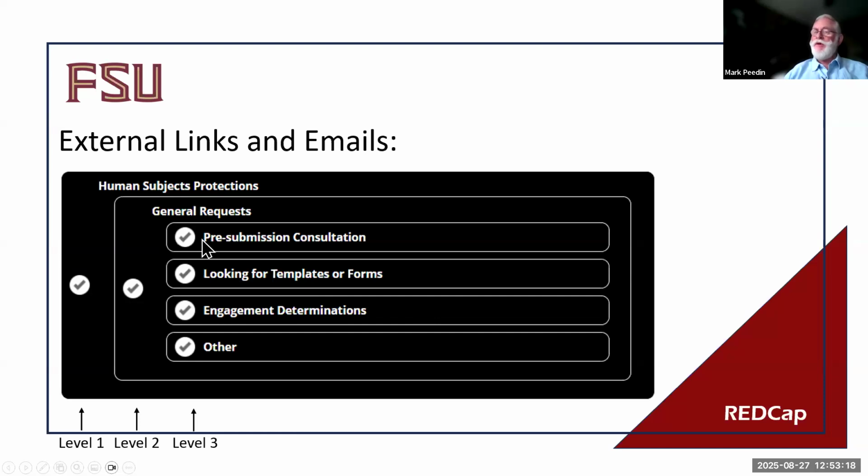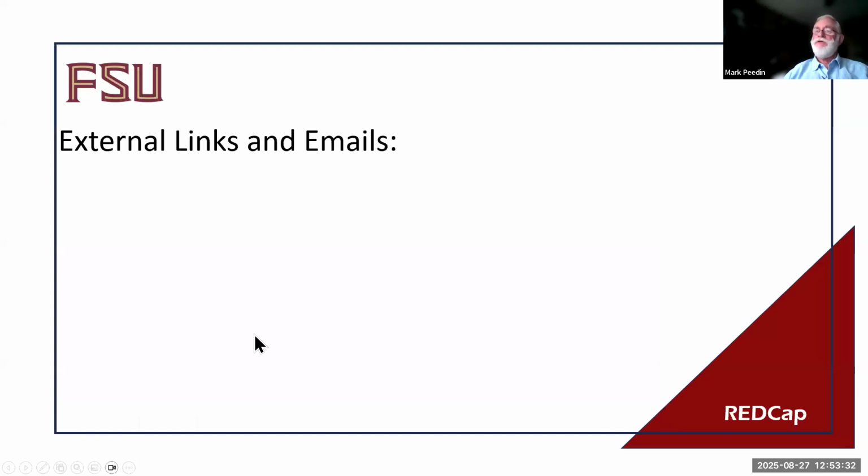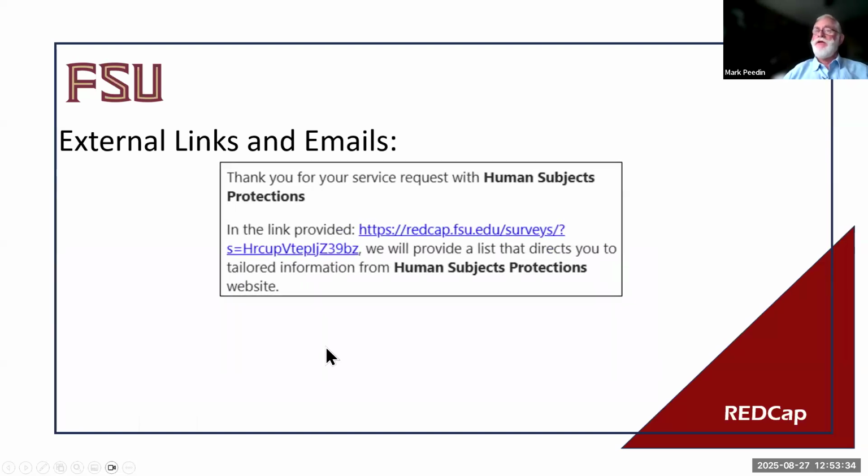Noting and reminding everybody that these top three were asking for information, and it had three hyperlinks to websites, and the fourth one was sending a message out to a mailbox. So there's the first email that would go out via the alert would go back to the requester or the client.